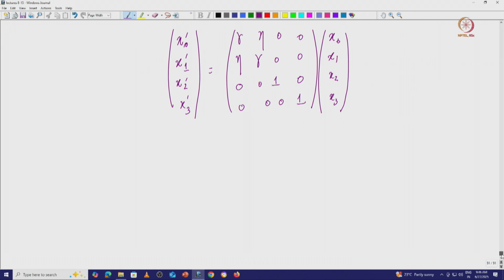Now let me call this matrix, with mu equal to 0, 1, 2, 3, which you already know, so x mu prime is equal to lambda mu nu x nu.